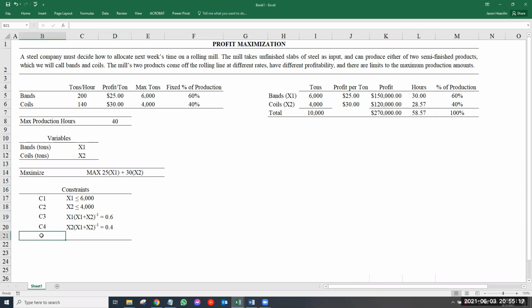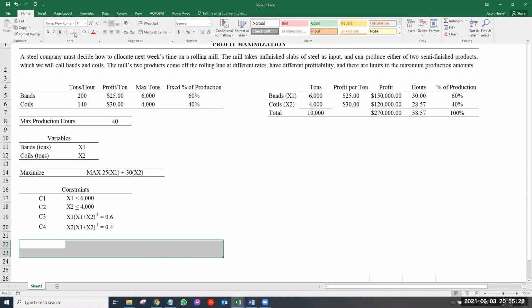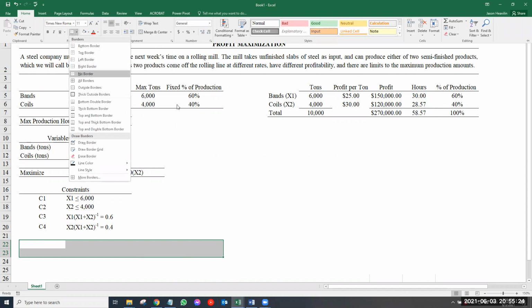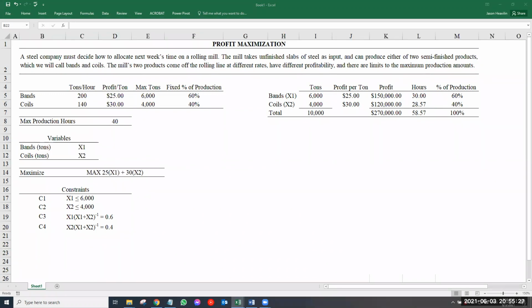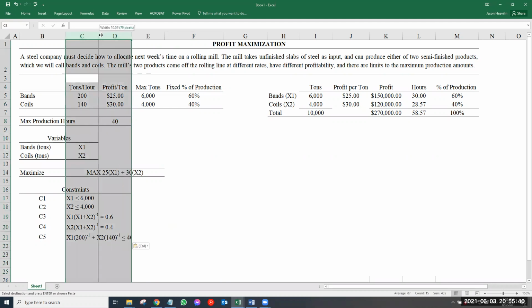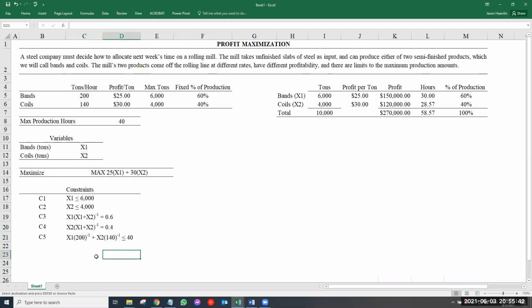Okay, so that'd be our fifth constraint. Let me go ahead and take that line out. That would be our fifth constraint, C5. And it will look like this. So let's expand that a little bit. So we have this first piece here, X1 times 200 at the -1.